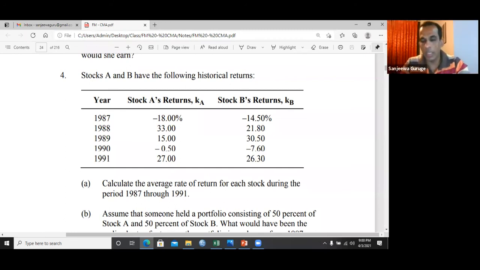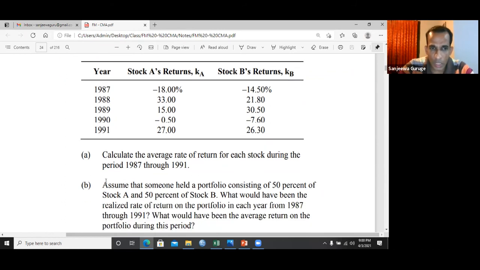Here in this question, you can see historical data given with respect to two assets, with information available for the last several years. Calculate the average rate of return for each stock.